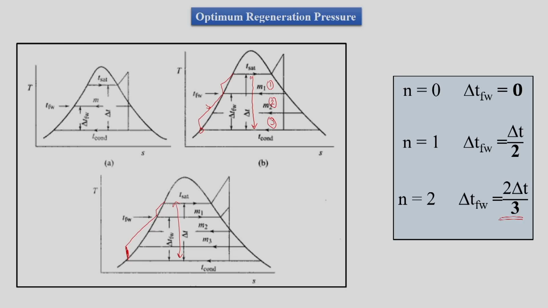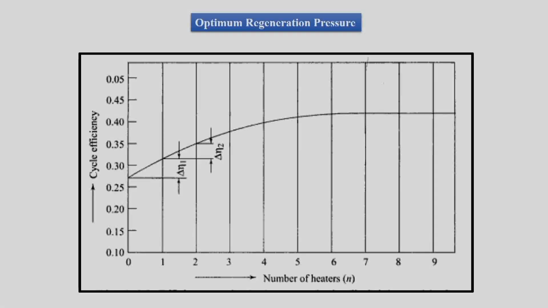So this is what we were talking about, having energy efficiency increment due to the regeneration or feed water heating if we are implementing an optimum case. If we want to see the cycle efficiency with the number of feed water heaters, then this is how we can see that cycle efficiency increases with an increase in the number of feed water heaters.